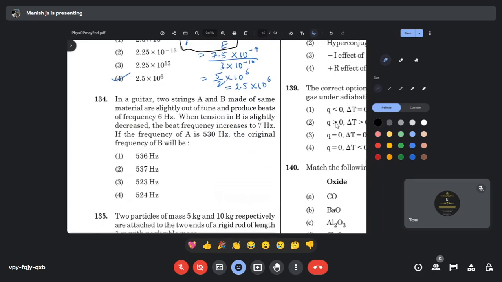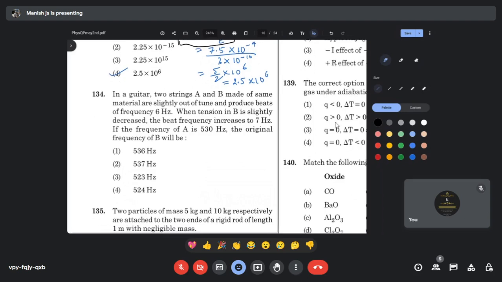Question number 134. Yes, could you read it? In a guitar, 2 strings A and B made of same material are slightly out of tune and produce beats of frequency 6 Hz. When tension in B is slightly decreased, the beat frequency increases to 7 Hz.